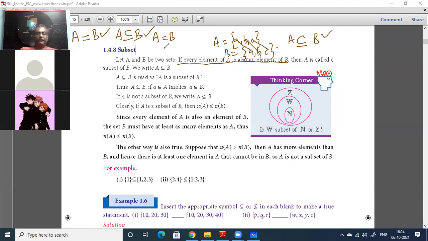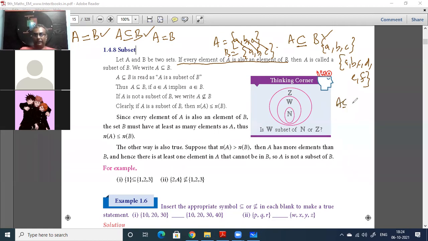All the elements in A are present in B. Yes or no? Yes.